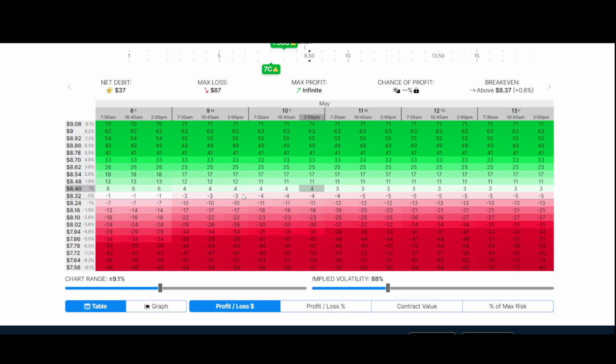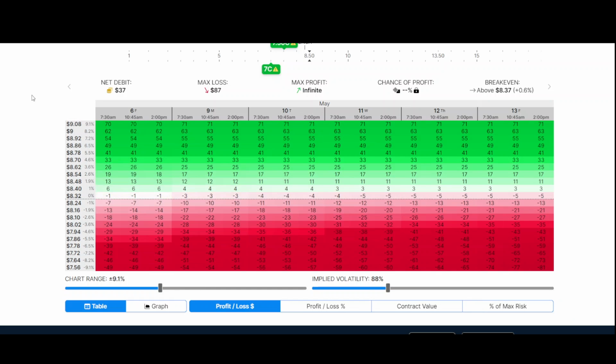So you can see exactly where Zynga has to go by what time and what day of the week to see your profits. I definitely like using Option Strat for all my options trading because I can see day by day, time by time results and the pricing that Zynga has to be at for this to happen. You can move around the implied volatility to see how that'll affect things, but right now we'll just reset it to what it is now.